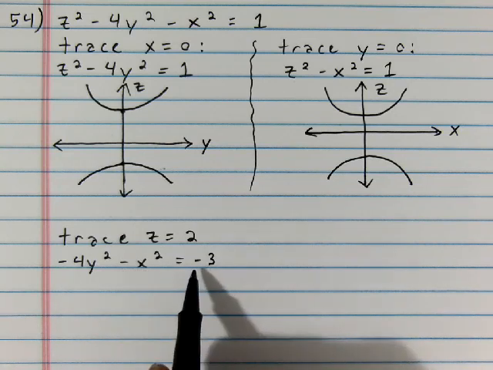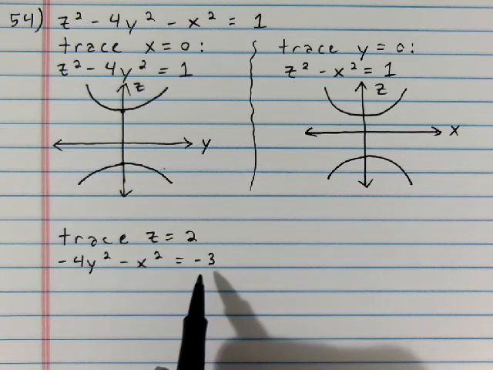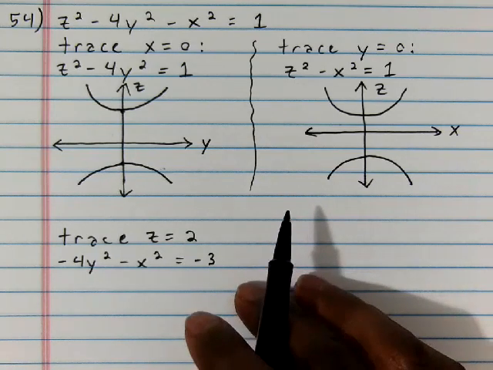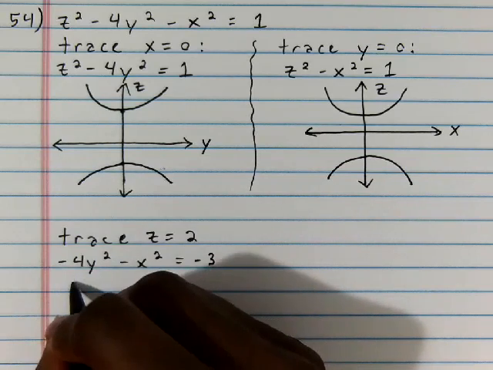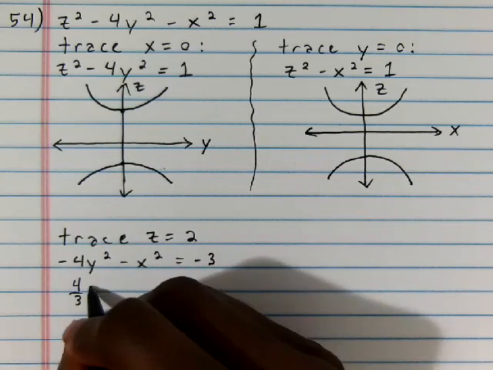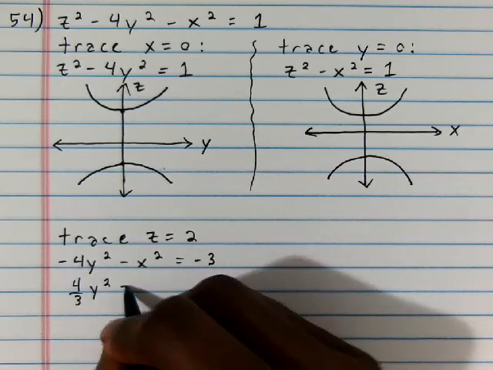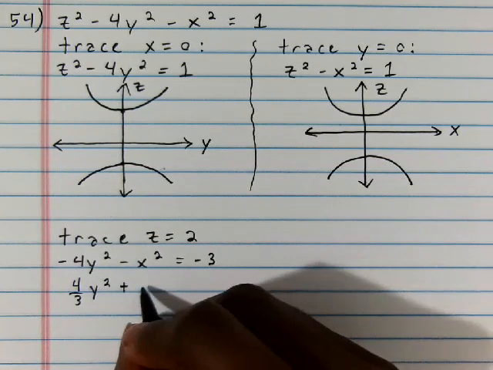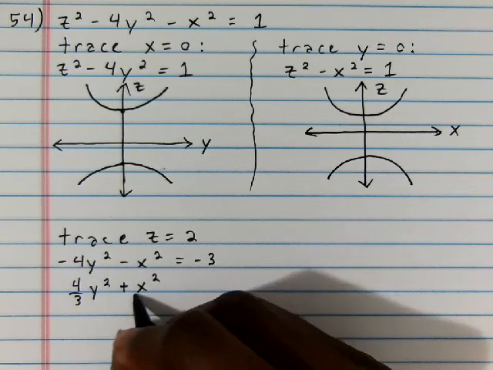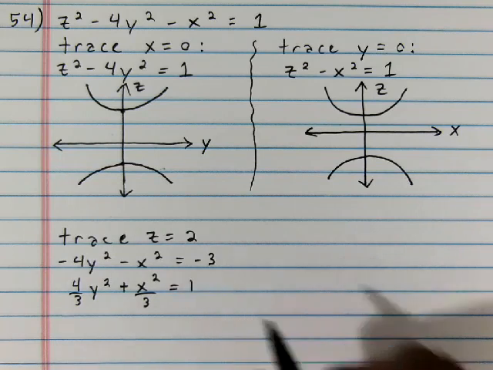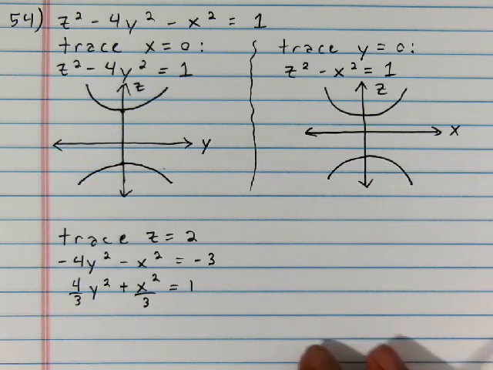Now, given that's negative, we're just going to divide everything through by negative 3. So when we divide everything through by negative 3, we're going to get 4/3 y squared plus x squared over 3 equals 1, which gives us an ellipse.